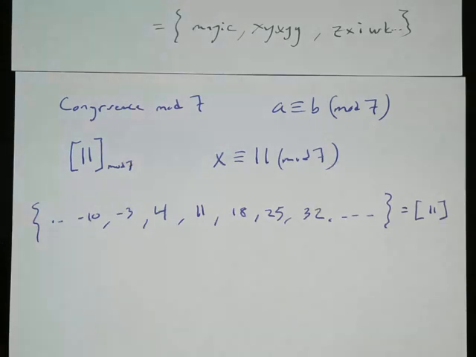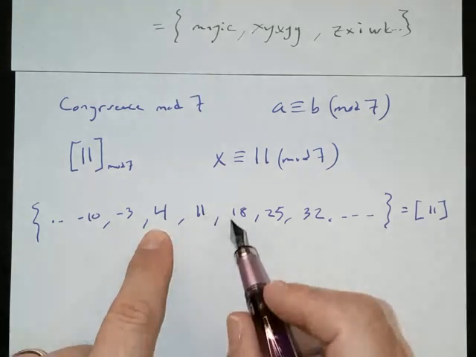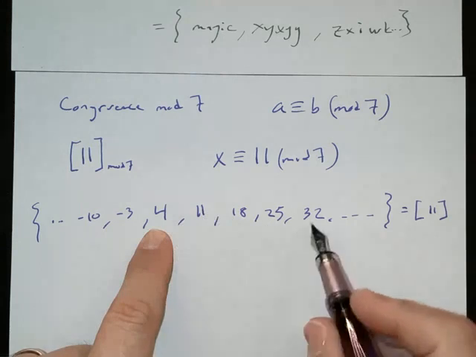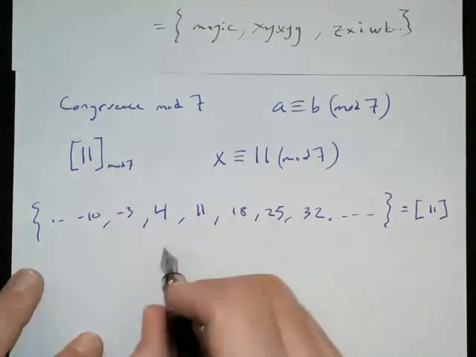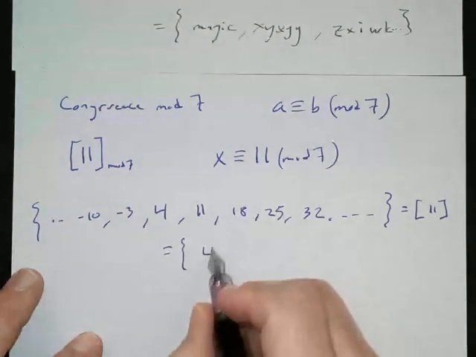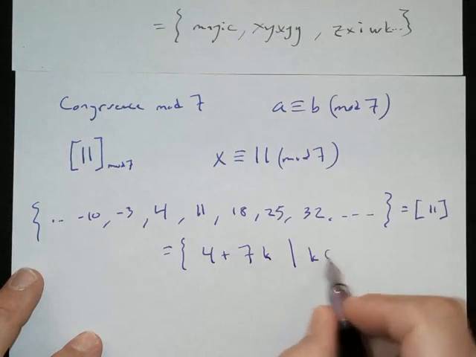There's another way to write this set, though, right? I could think of taking any number and adding some number of 7s to it. If we started with 4, we could add 1 7, add 2 7s, 3 7s, 4 7s, subtract a 7. These are all of the form 4 plus a multiple of 7.